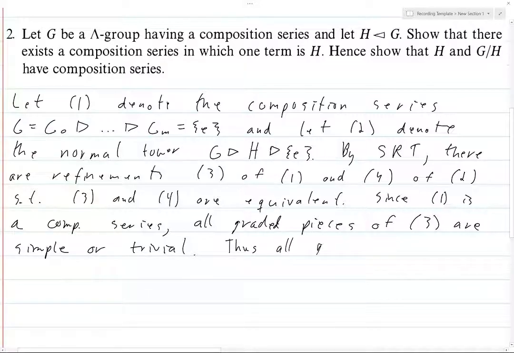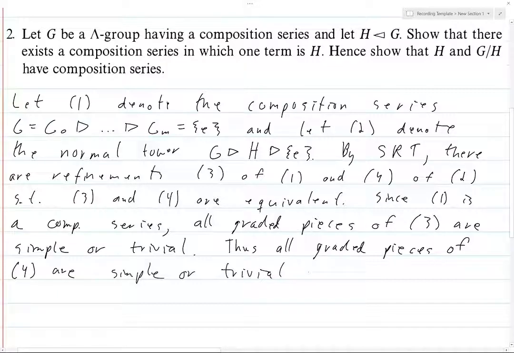Thus all graded pieces of 4 are simple or trivial. And that's because 4 and 3 are equivalent. If all the graded pieces of 3 satisfy this property, then the same thing has to hold for the graded pieces of 4, because they're the same up to isomorphism and reordering. Simple or trivial.